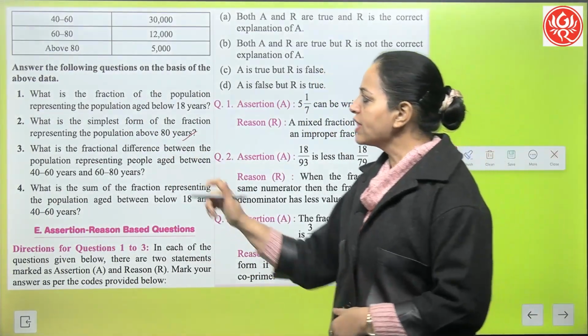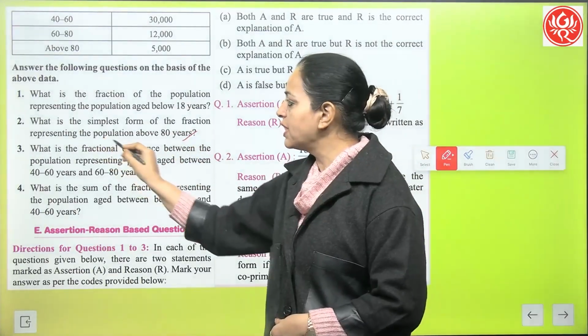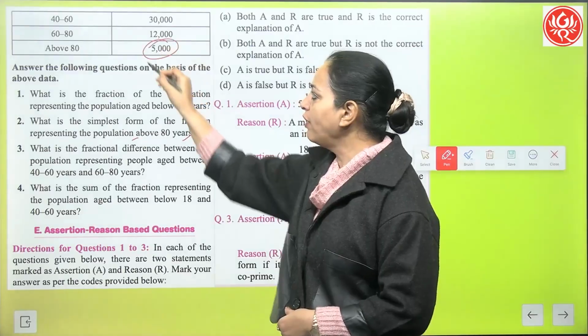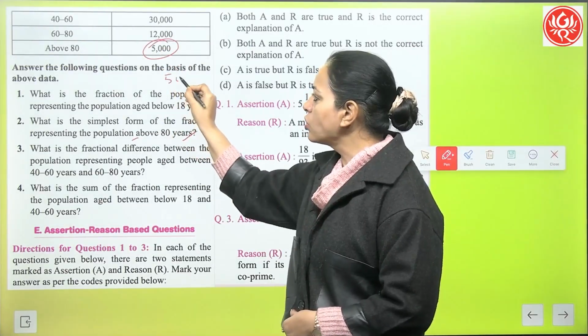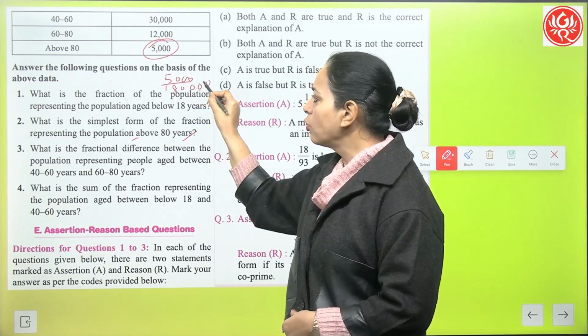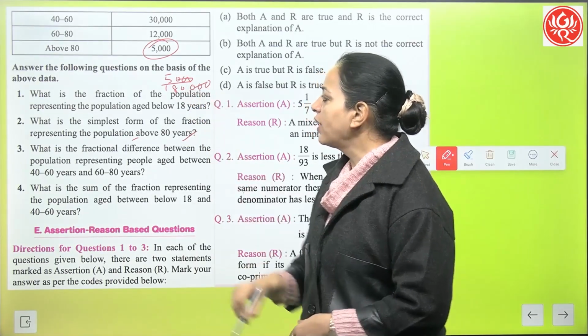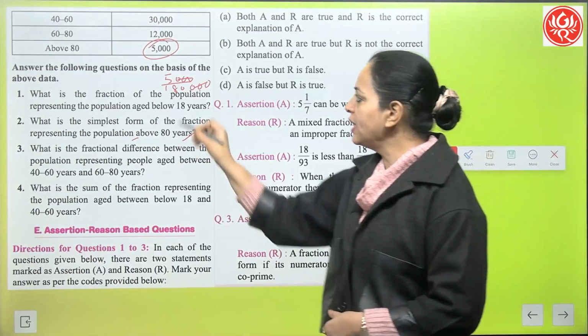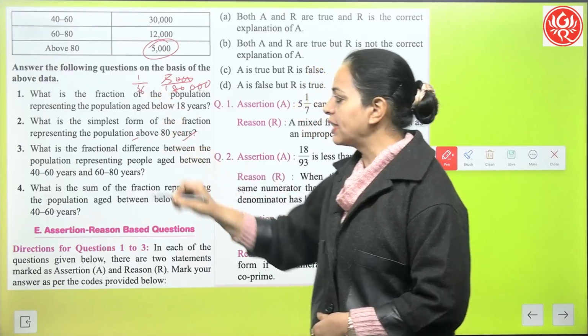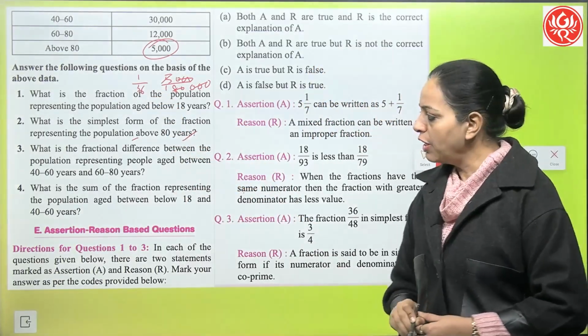The second one, what is the simplest form of the fraction representing the population above 80 years? Above 80, 5,000. So 5,000 out of 1,80,000. The fraction you can find out, that is 5 upon 180, cut it by 5, so 1 upon 36. Similarly, you can try remaining parts.